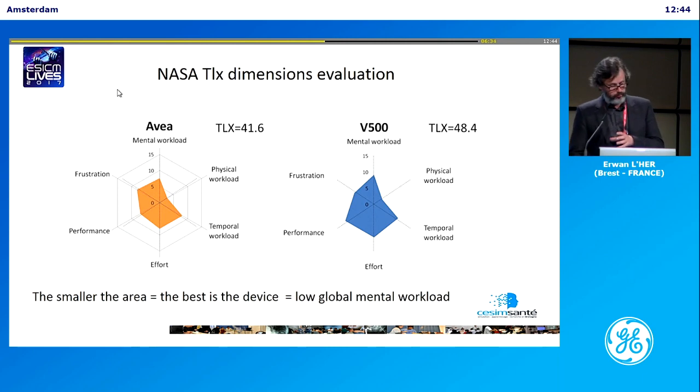But we can also look at the dimensions that are responsible for the increase of the mental workload. This device is probably not the best in terms of ergonomy, because it demands a huge amount of performance and physical effort to achieve the task.